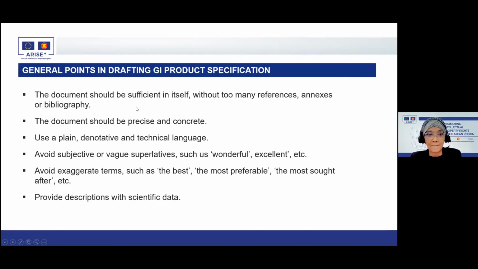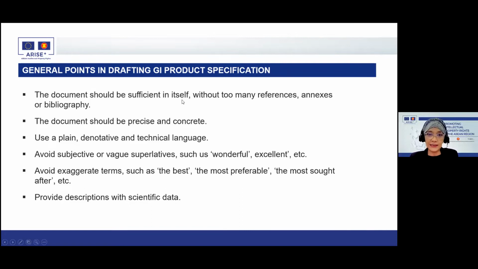Now, I've got the tips, okay? The tips about drafting GI product specification. Firstly, the document should be sufficient in itself, without too many references, too many annexes or bibliography.